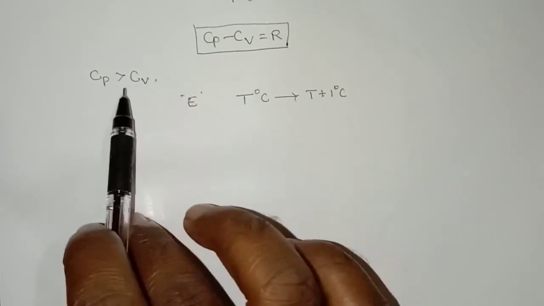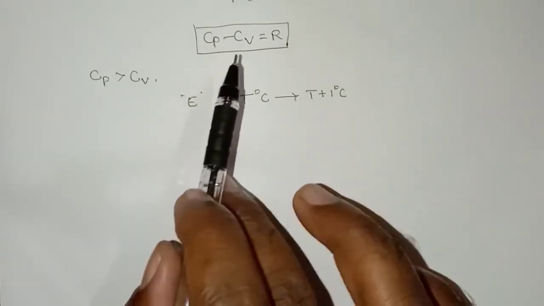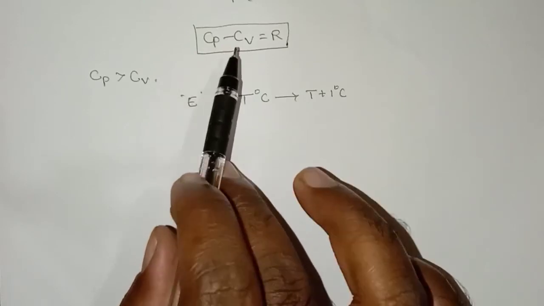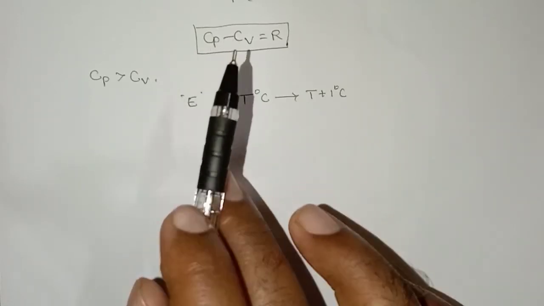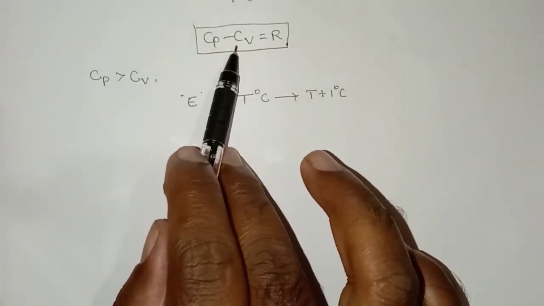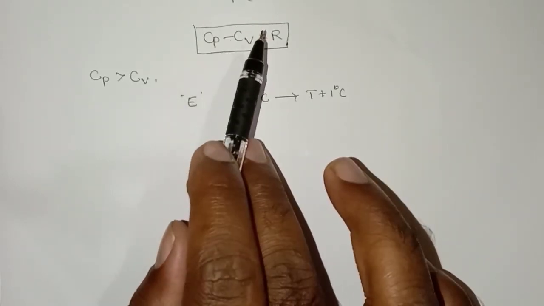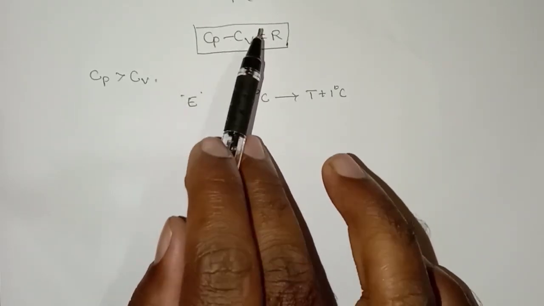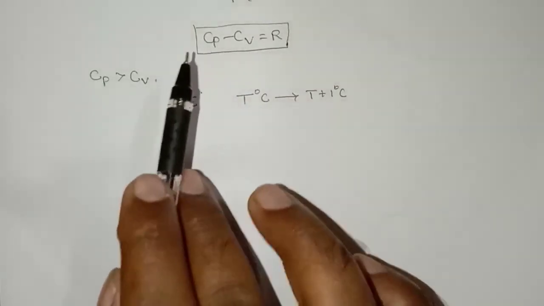The difference between the two gives the work done by 1 mole of the gas in expansion when heated through 1 degree Celsius at constant pressure. Thus, Cp minus Cv gives the work done by 1 mole of gas in expansion when heated through 1 degree Celsius at constant pressure only.